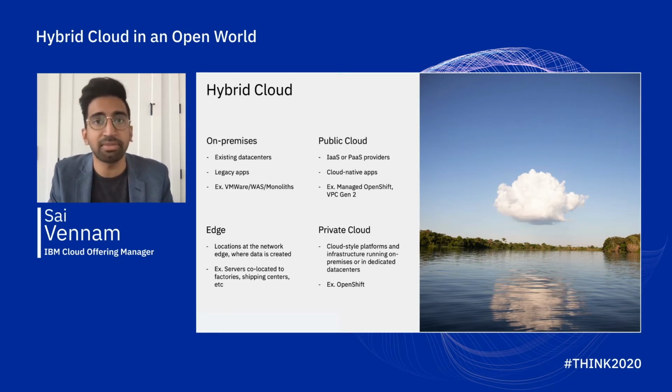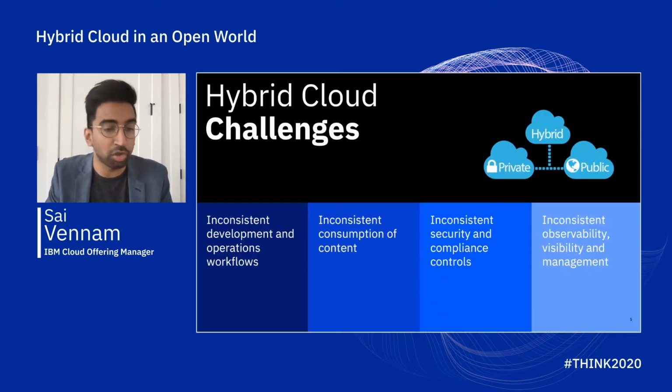Well, you would have different applications, legacy apps and cloud native apps, running in different environments, but there arises a very pressing problem, and that is the lack of consistency. With multiple cloud environments, you gain multiple challenges, and the overall theme here is inconsistency.